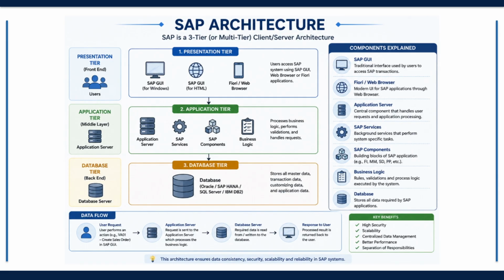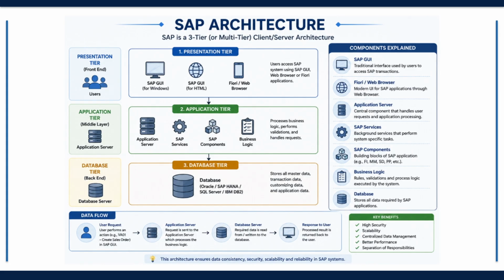Whenever the presentation layer needs data, it will send the request to the application tier. Then in the database we are using Oracle, SAP HANA, and in recent days SQL Server, IBM DB2, like that. It will all store the data.